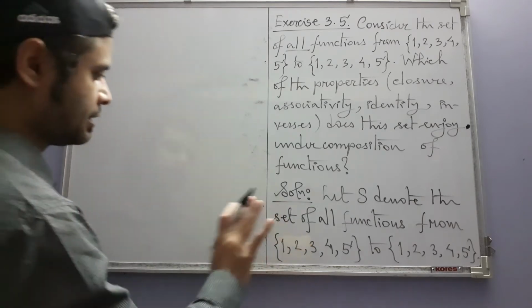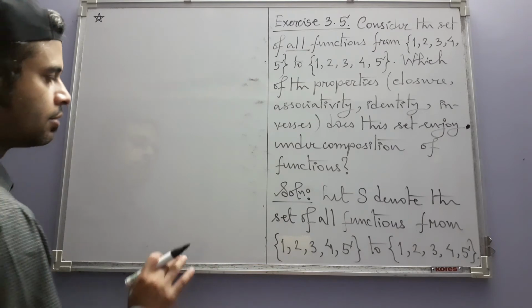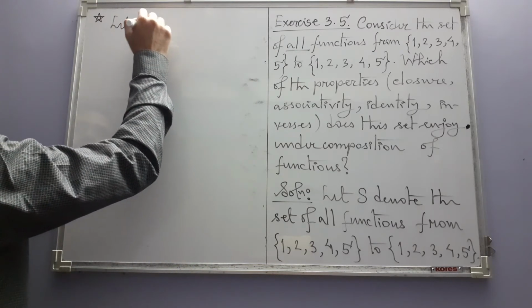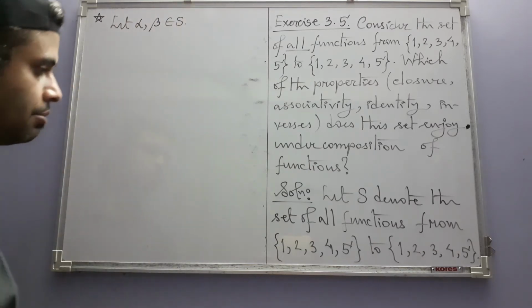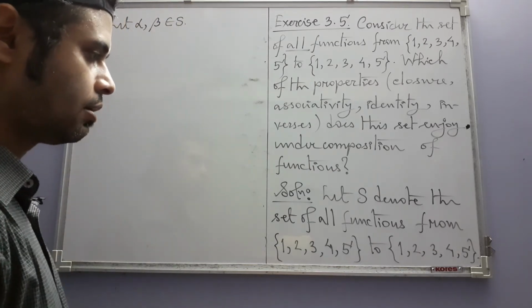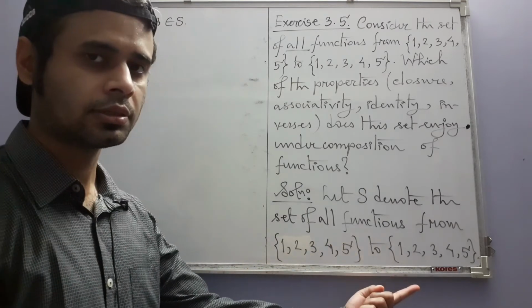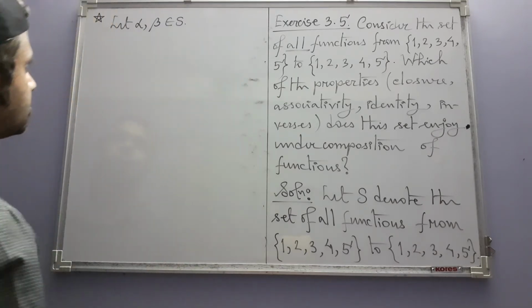Okay, we have already started the solution. Let alpha and beta be two elements in S. That means alpha and beta are functions from this set to itself, not necessarily permutations.